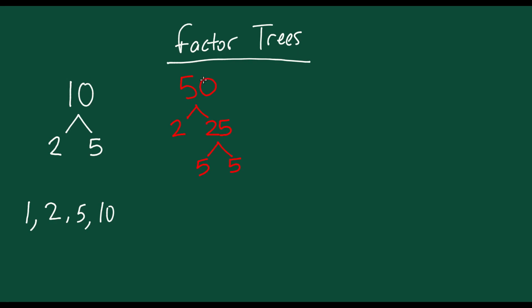So once again, if we wanted to list the factors of 50, we could say 1 and 50. We could say 2 and 25. And then 5.